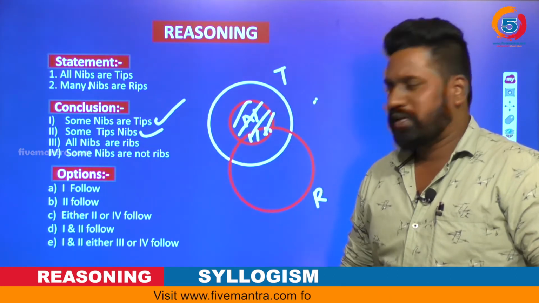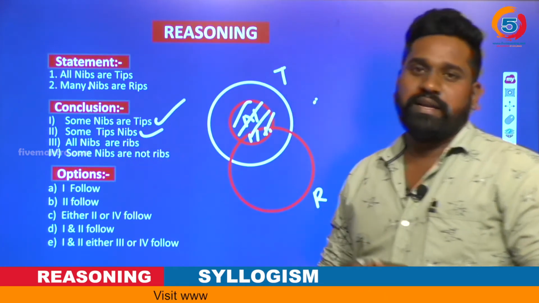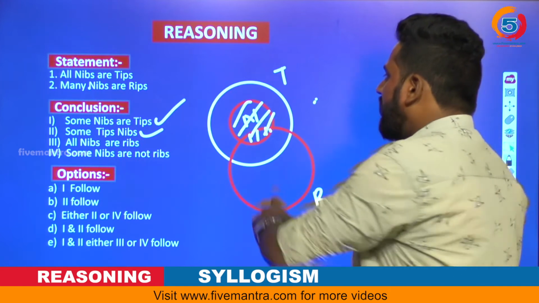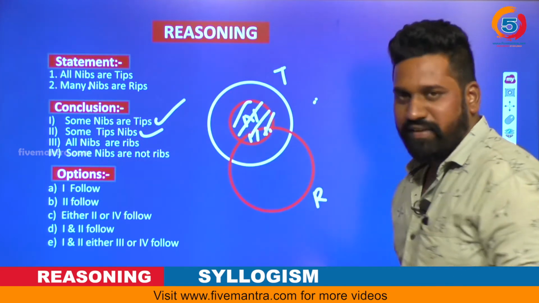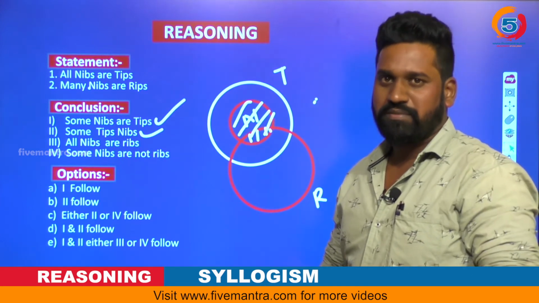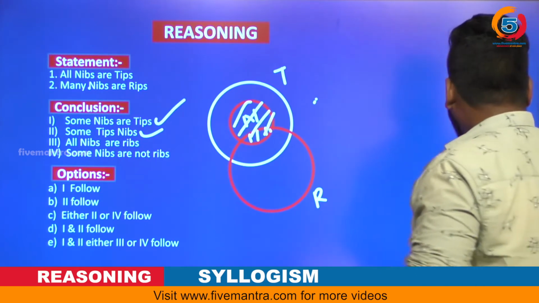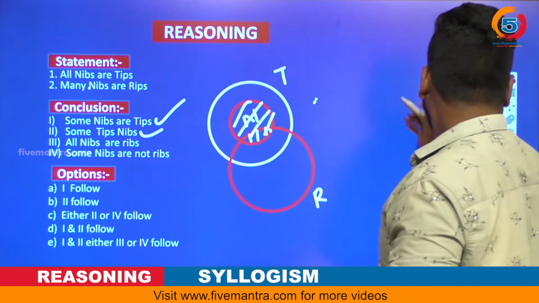Now coming to the third conclusion. What is the third conclusion given? All nips are rips. That may be possible, but it is not exact. If you observe clearly, see here, one more Venn diagram drawing.